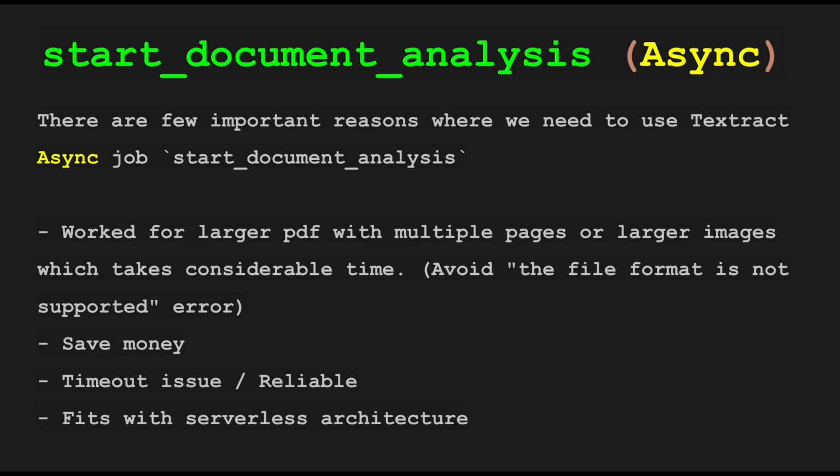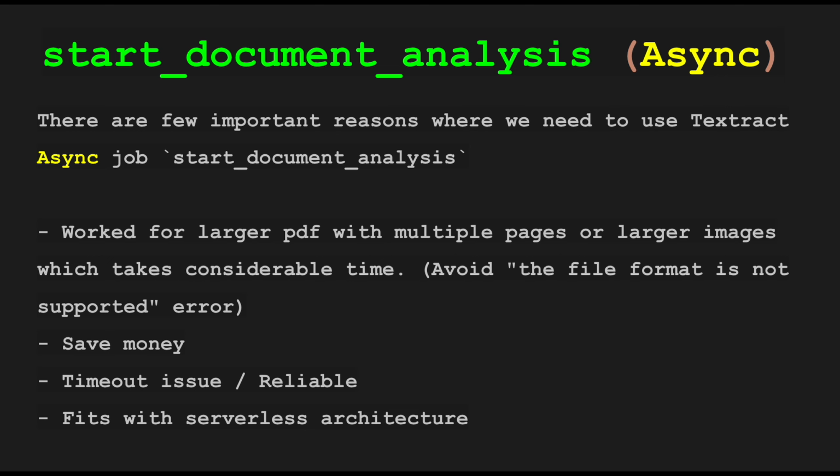Of course, the error message is really confusing, as you are wondering why the file format is not supported. Actually, it's not about the format of the file, it's basically the size of the file. So whenever you see "file format is not supported" when you do the Textract analysis, you move to the async method.